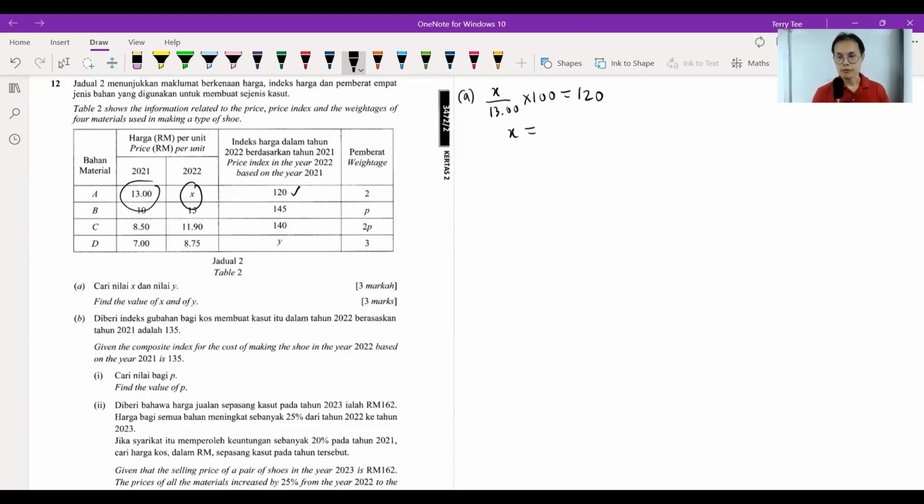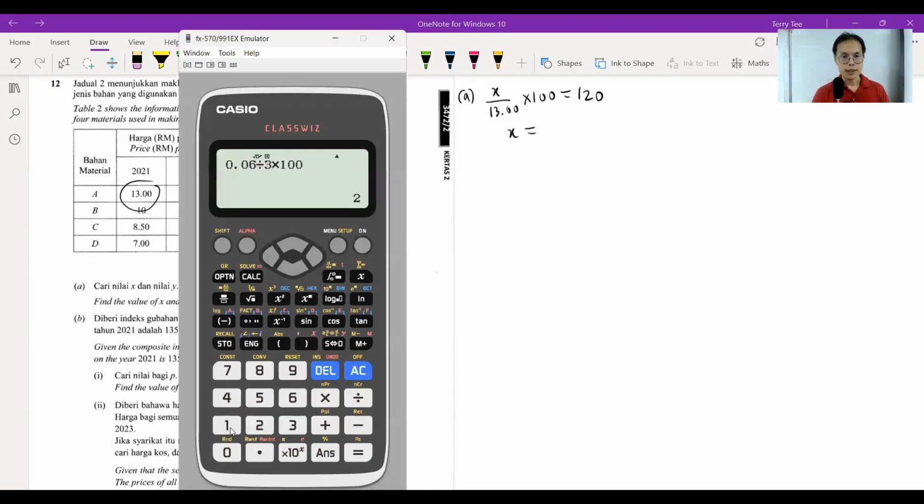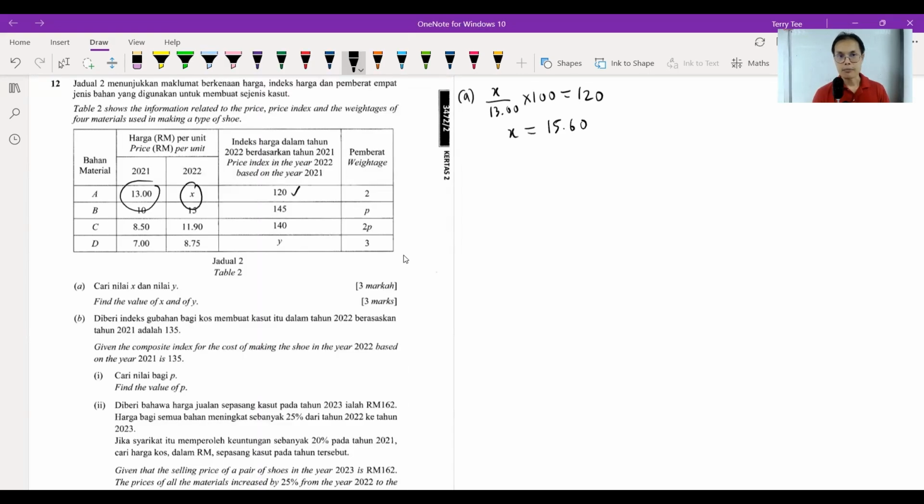So basically, you want to find what is the new price after you have increased by 20%. Use your calculator, times together, 15 ringgit 60 cent. 15.60. Don't have to put RM because the price is already in RM. How about Y?